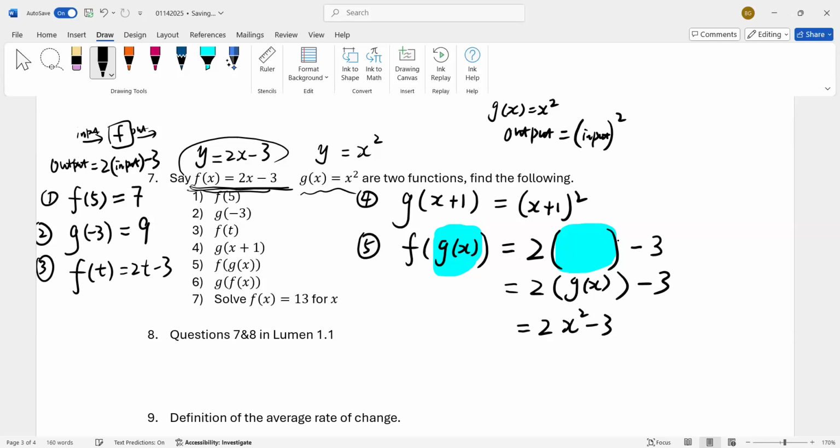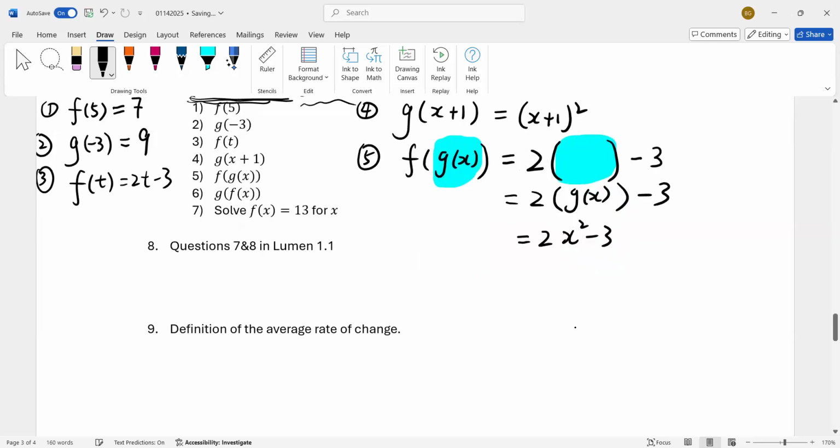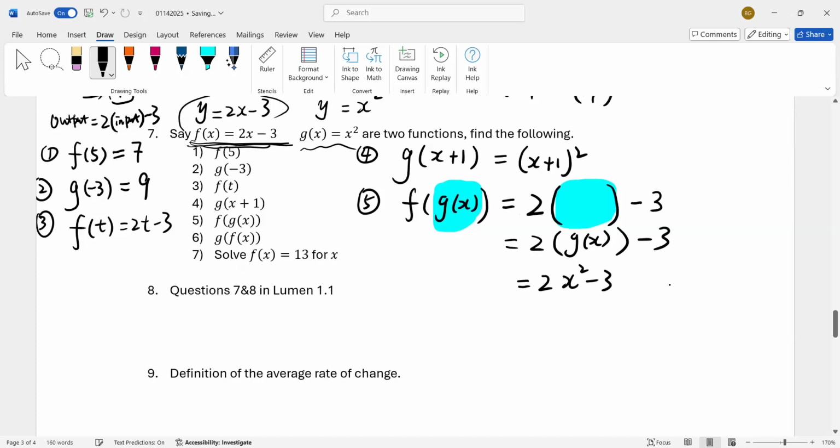Let's try number 6. Let me scroll down. I also need to show the two functions. Number 6. Next time I need to leave more space on this file. Number 6 is g of f of x. This notation also involves both functions f and g, but we mainly concern the one on the outside, okay?